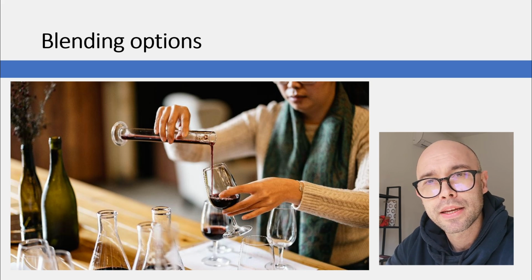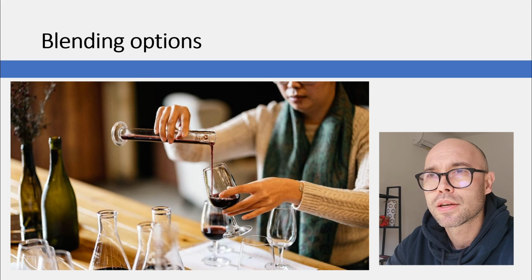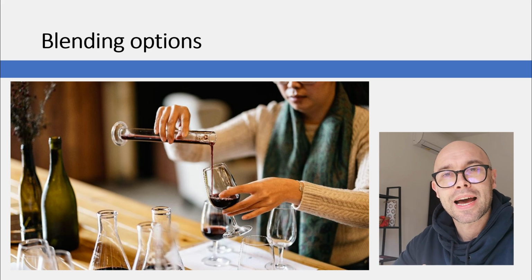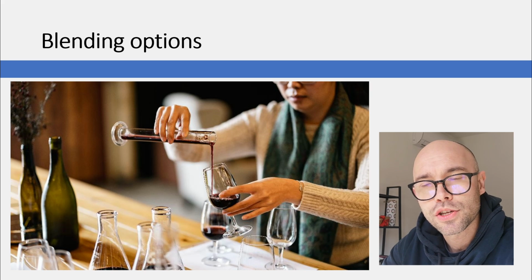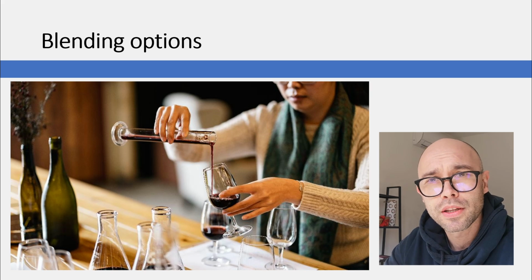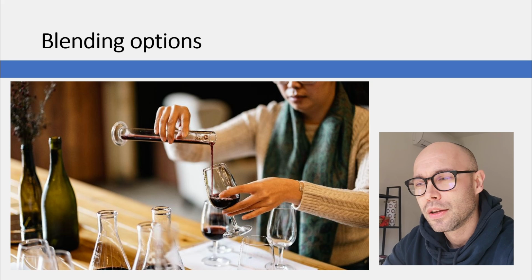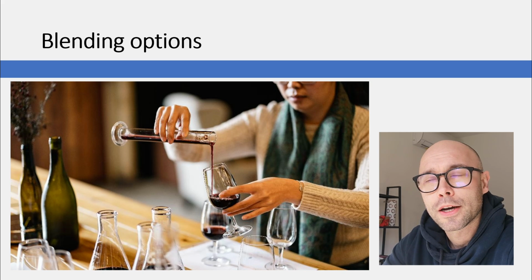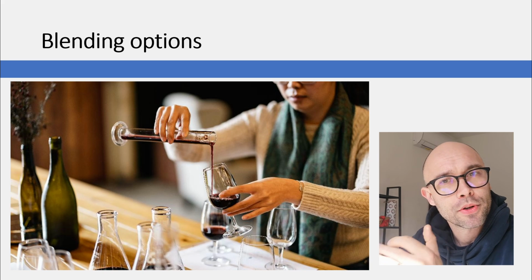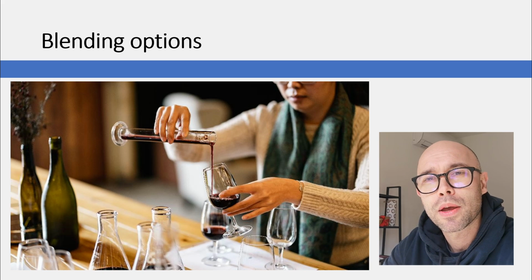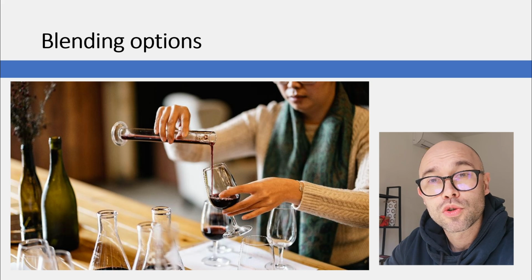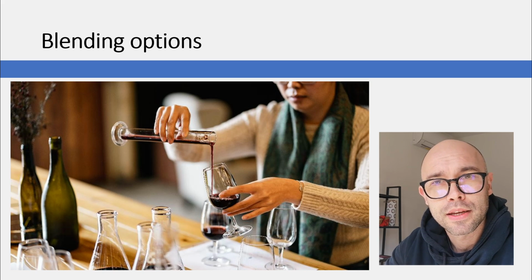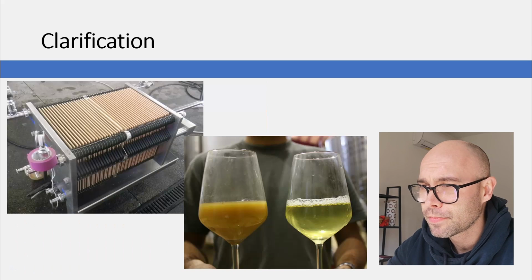So blending allows for a consistent style of wine in each bottle. In another case, blending can be used to create a particular style of wine that the winemaker wants to make, and it can also be used to create complexity in a wine.